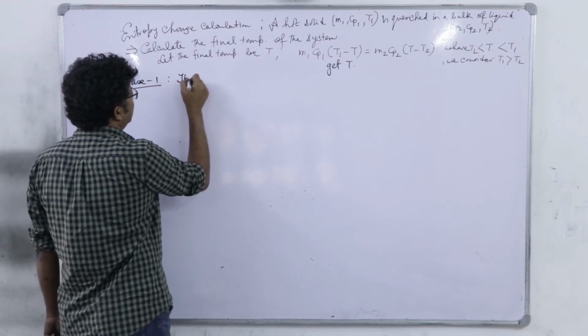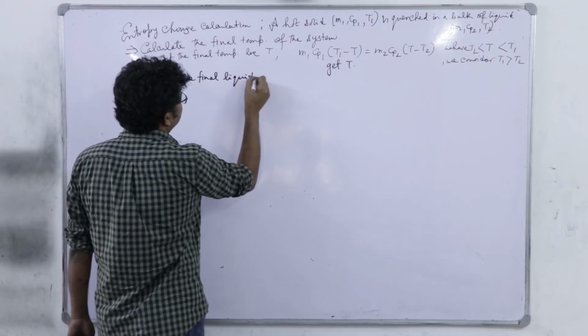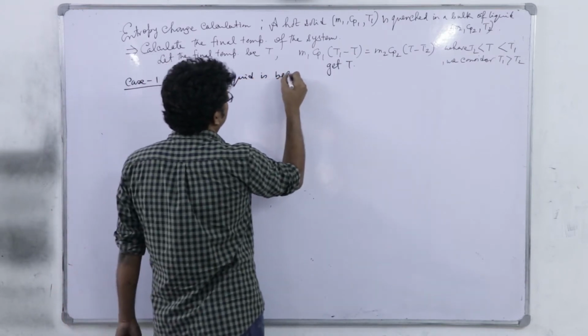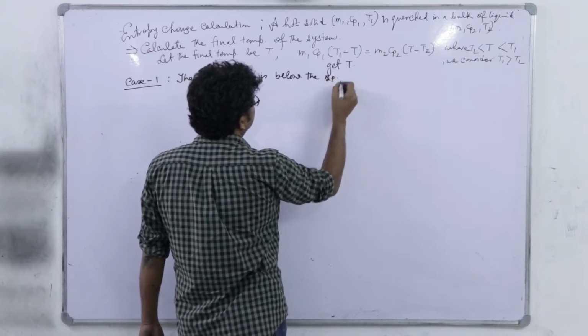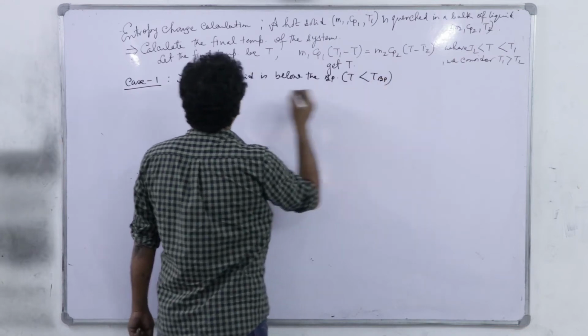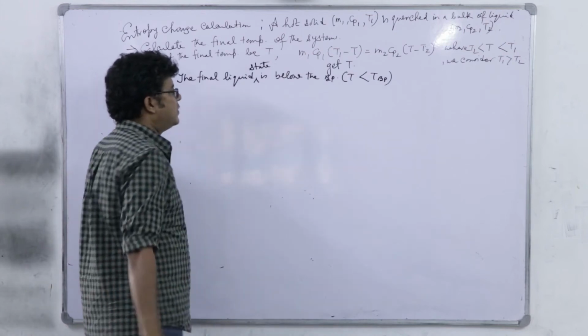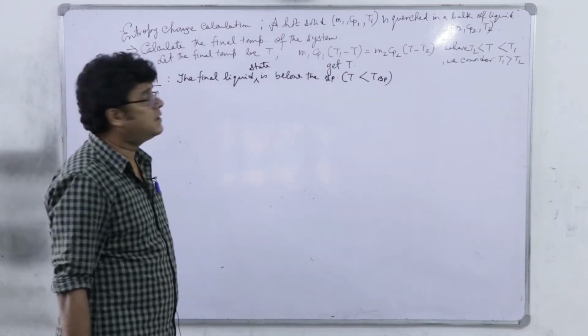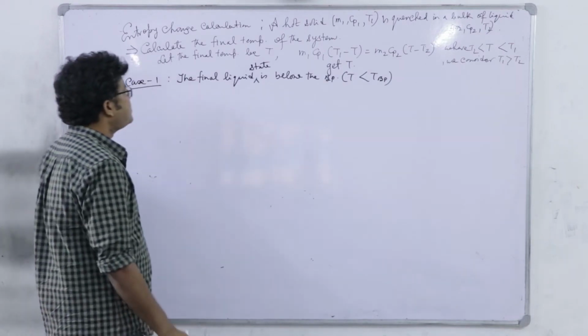The final liquid state is below the boiling point, so T is less than TBP. We have solved this T and we got that T is less than TBP.